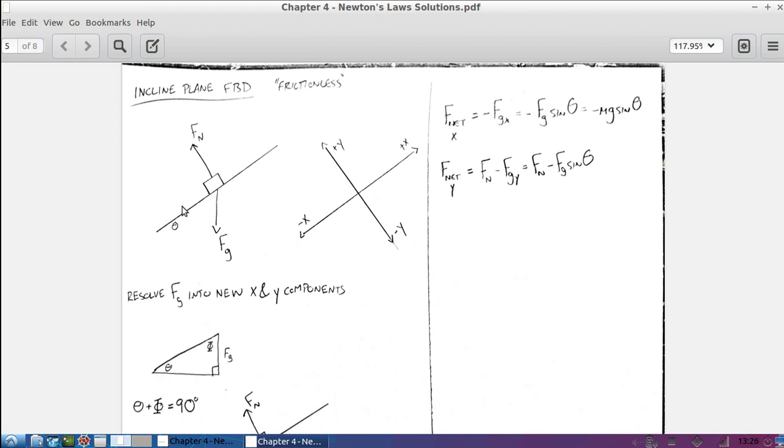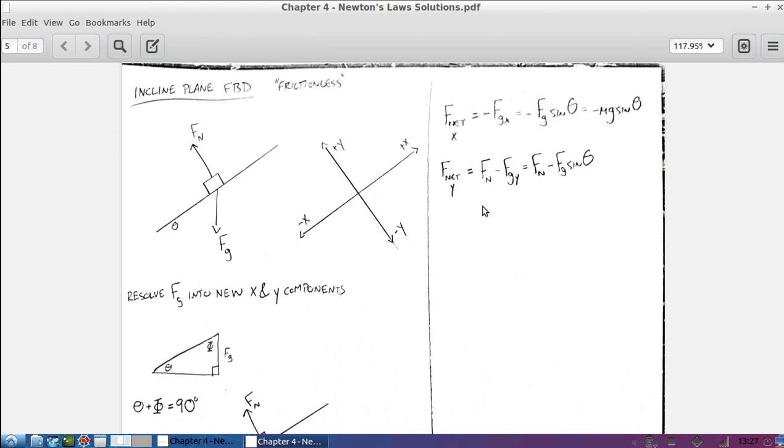Nothing's pulling on it or pushing it down the incline. So we've got, it's frictionless still. So we've got gravity which acts in the negative y direction. Right? Even though this is on an incline, gravity is going to act in the negative y direction. The normal force is always going to be perpendicular to the surface. So if you notice, the normal force is not pointing opposite the gravitational force, so we have to account for that.